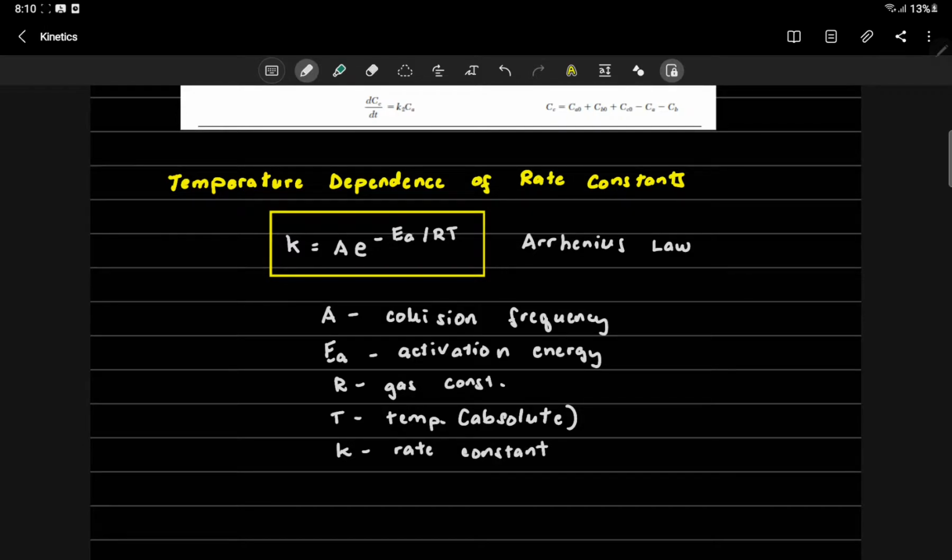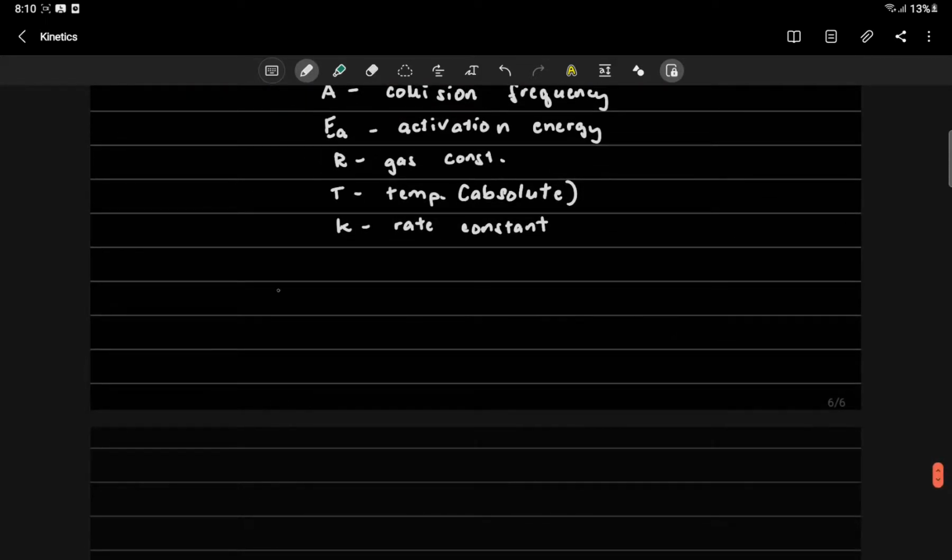Now, let's say you are given a set of data that contains different values of K and different temperatures. So how do we determine the parameters like the pre-exponential factor or the collision frequency and the activation energy of that particular reaction? So what we can do is linearize the Arrhenius equation. So if we take the ln or the log of both sides of the equation, ang mangyayari is magiging ganito.